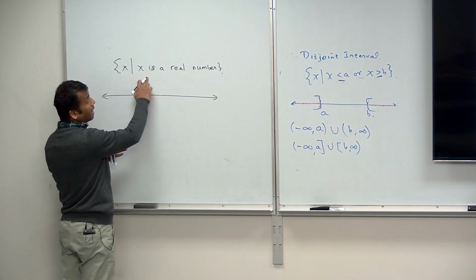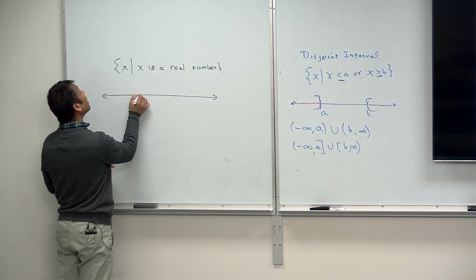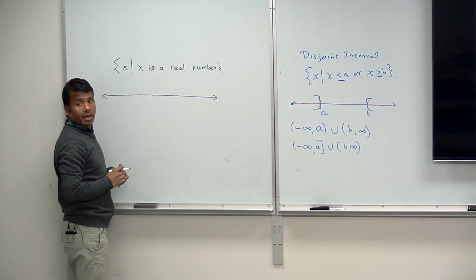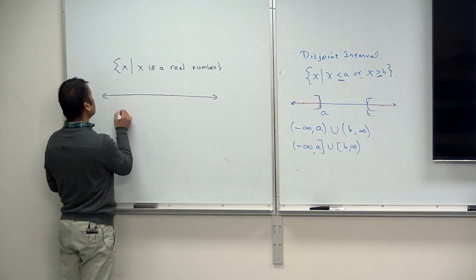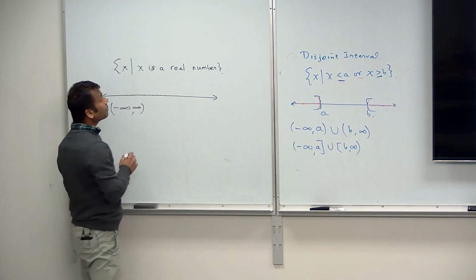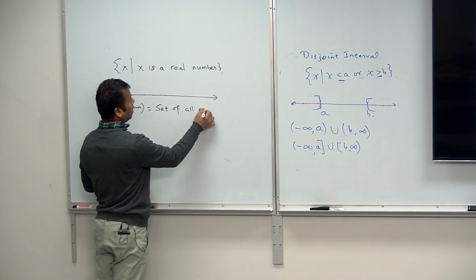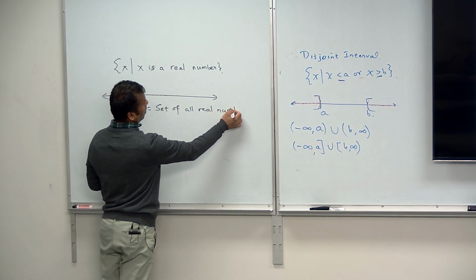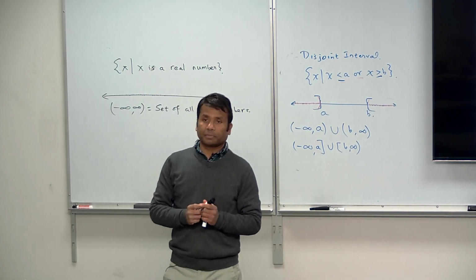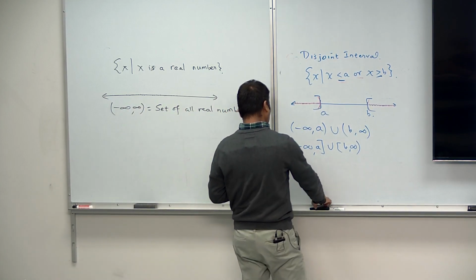Set of all x such that x is a real number. Every real number is represented by a point on the what? Real line. So that means this is just like negative infinity comma what? Positive infinity. So this is the set of all real numbers. Make sense? Yes? Okay.